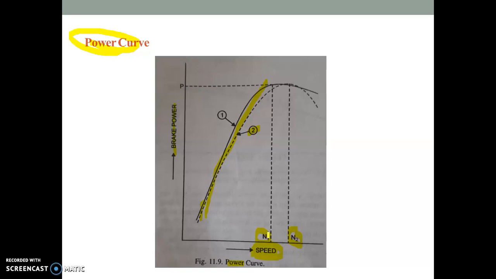Moreover, the output of engine 1 remains nearer its maximum value for a larger speed range compared to engine 2, whose curve falls more sharply. These differences help to determine the exact application where the engine is going to be used.